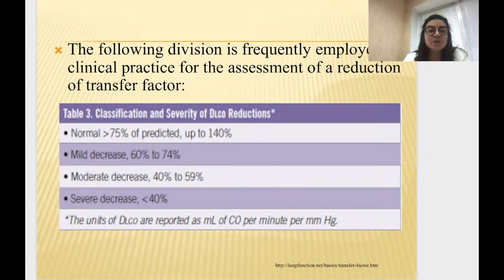The following division is frequently employed in clinical practice for assessment of reduction of transfer factor. Normal is more than 75% of predicted, up to 140; mild decrease from 60 to 74; moderate decrease from 40 to 59; and severe decrease less than 40%.